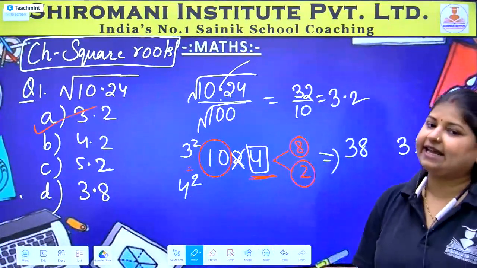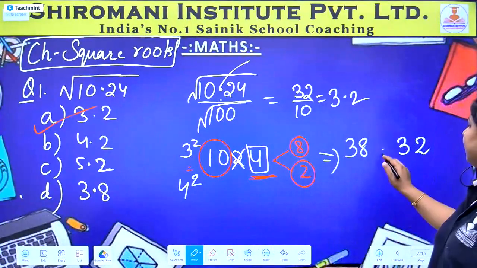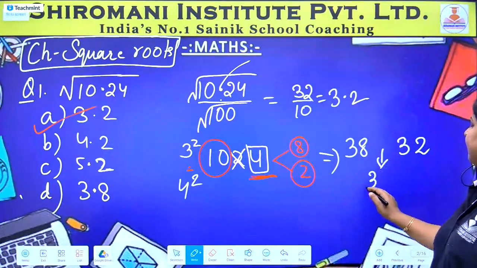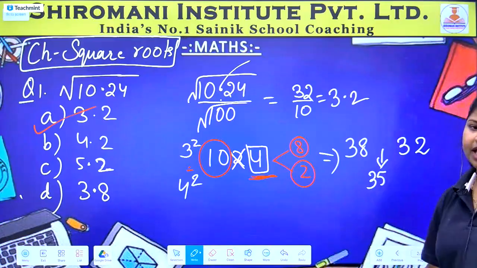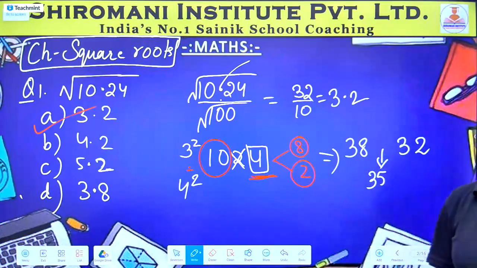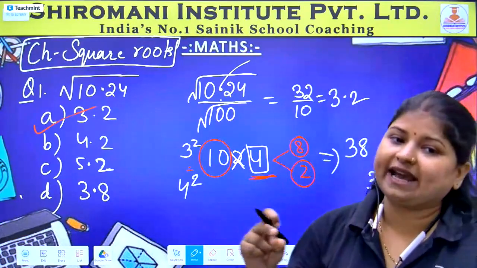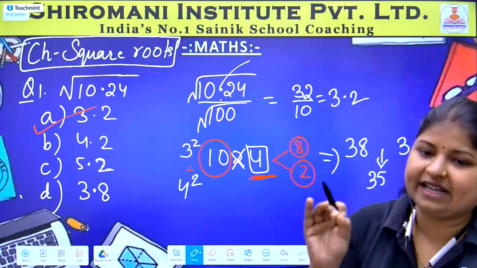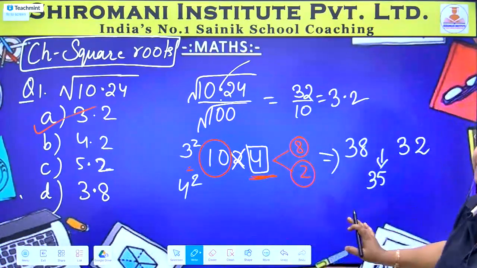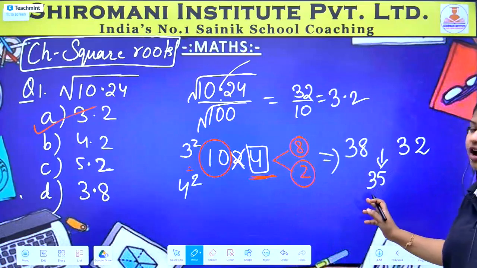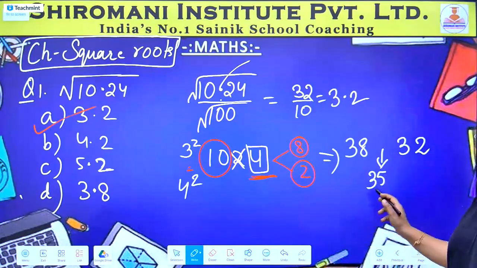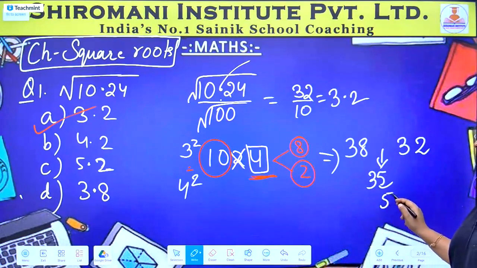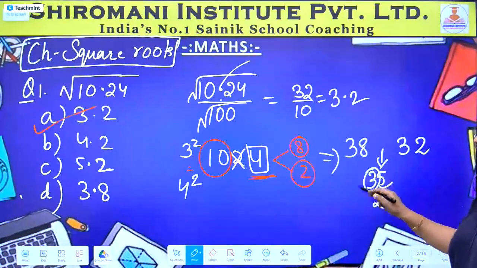In that case, you could have calculated the square of the middle digit. If it is 38 and 32, then the middle digit in the line of 30s will be 35. So you could have calculated the square of 35. 5 into 5 is 25. Left with 3.